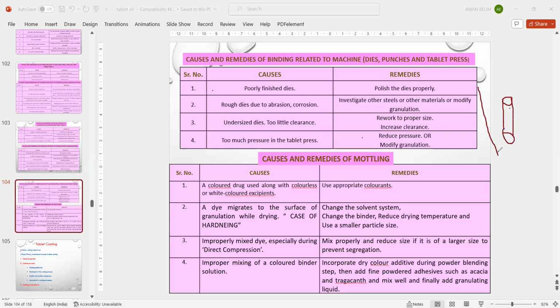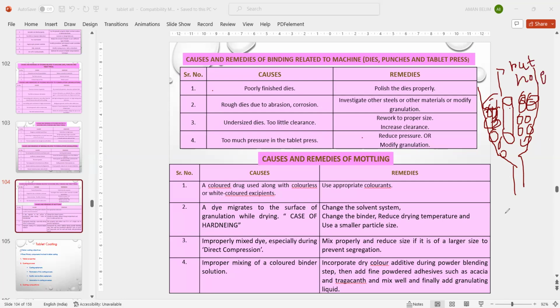If this is your hopper, on both sides there are granules present, but this middle portion where I have drawn this cylindrical structure is hollow. There are no granules present. So your granules get stuck around it and form a rat hole like structure. That's why it's known as rat holing.